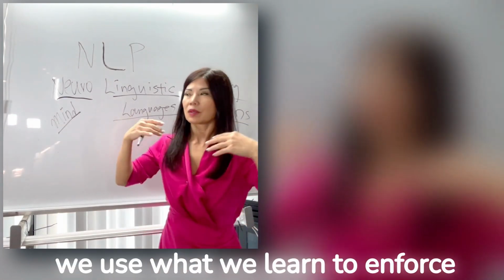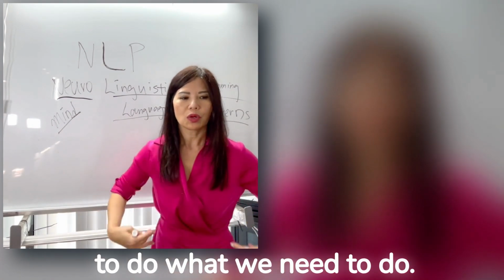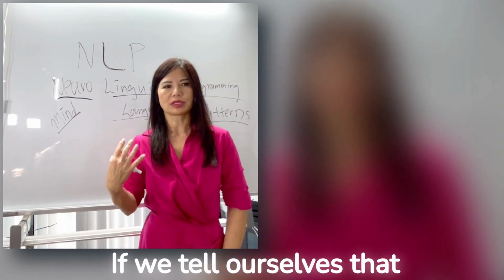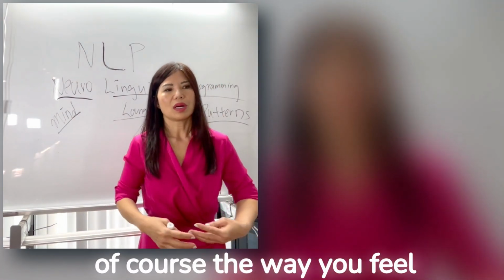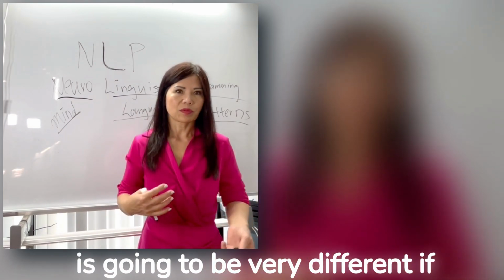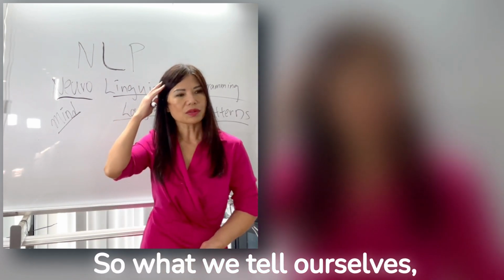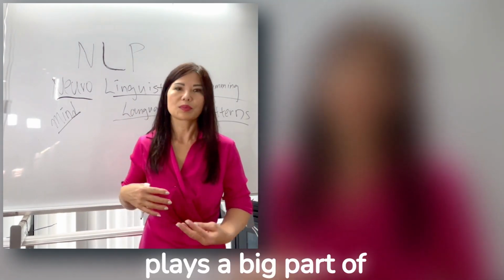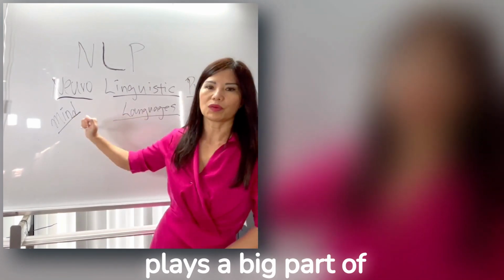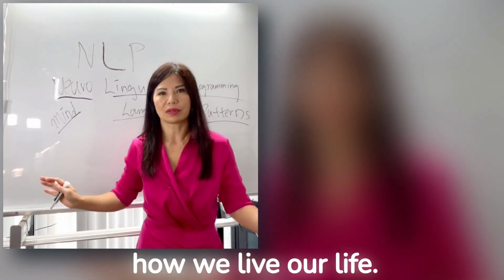At first, we use what we learn to influence our physical body to do what we need to do. If we tell ourselves that we are beautiful, of course, the way you feel is going to be very different if you tell yourself you're not beautiful. So what we tell ourselves, consciously or subconsciously, plays a big part in how we live our life.